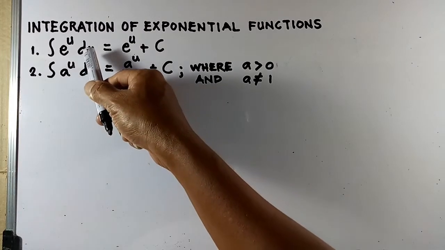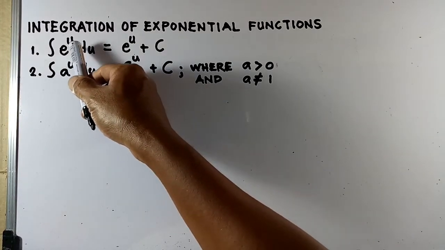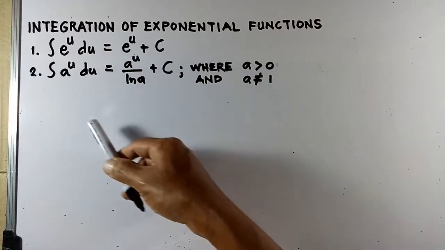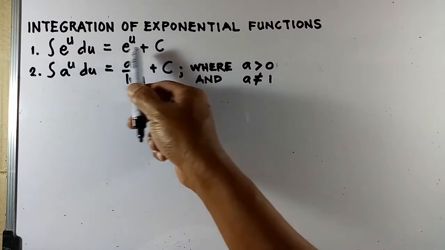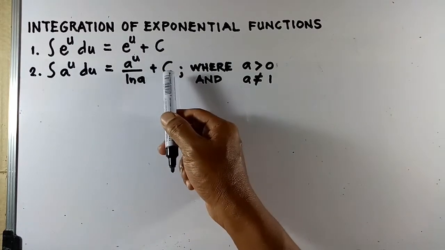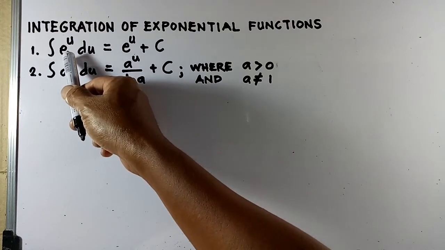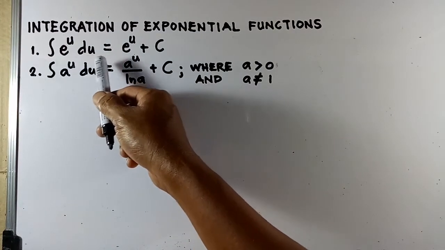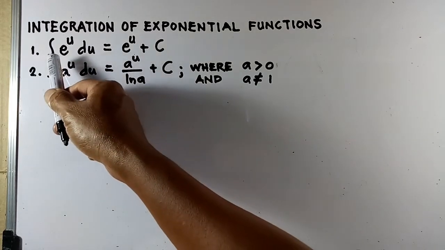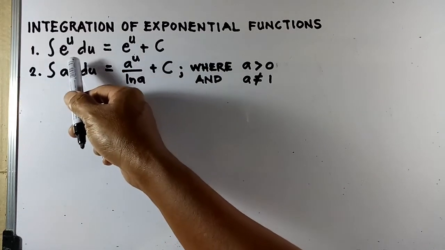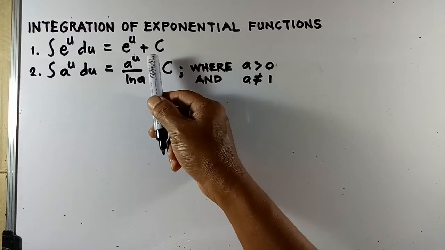So sa mga formula na ito, yung du ay derivative ng exponent na u. At ang mga ito ay general form. Kaya kung meron tayong integral of e raised to u du equals e raised to u plus c, it follows that integral of e raised to x dx equals e raised to x plus c.